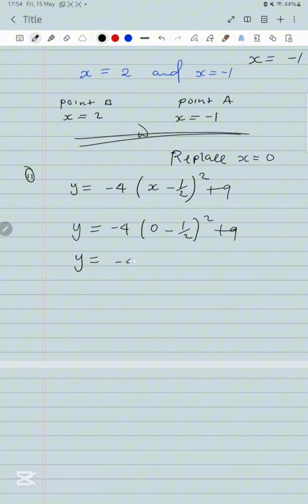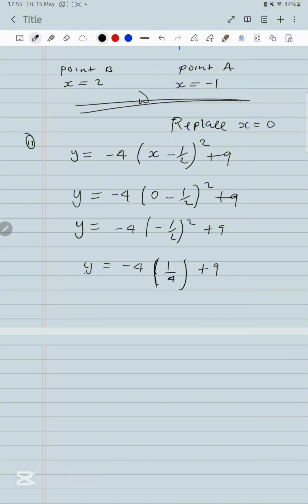So we're going to have -4 open 0 minus 1/2, meaning it's -1/2 squared plus 9. So here we're going to say y is equal to -4. If we square this, -1 squared will be +1 over -2 squared, which will be +4. So the negative will go at this point, plus 9.